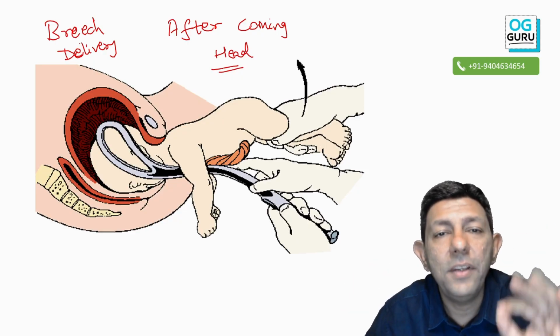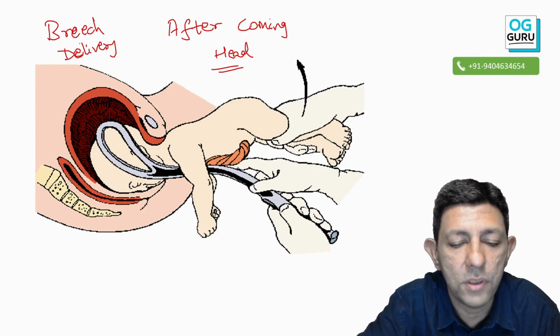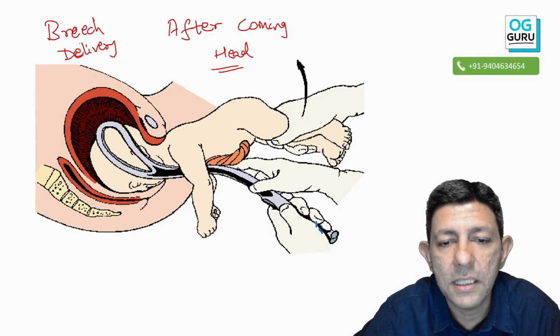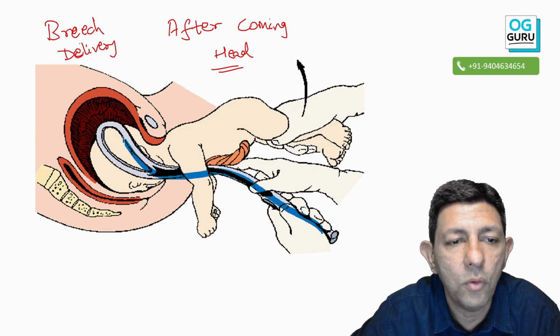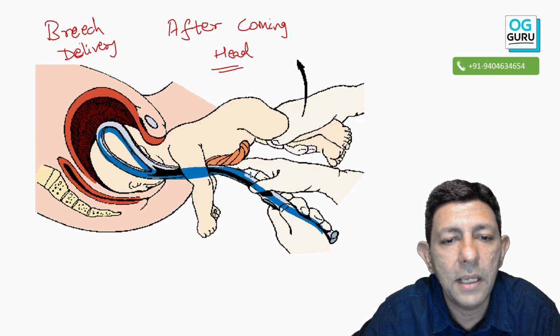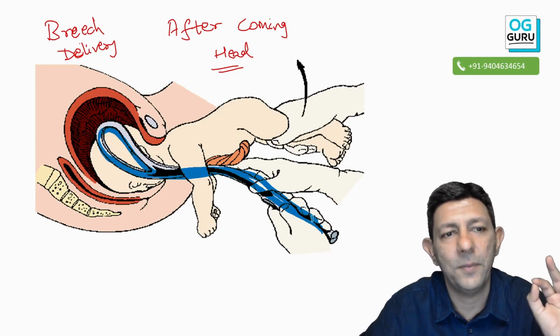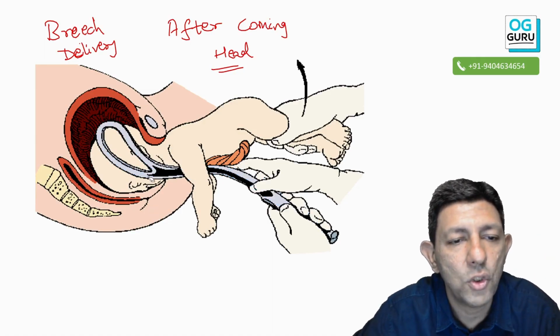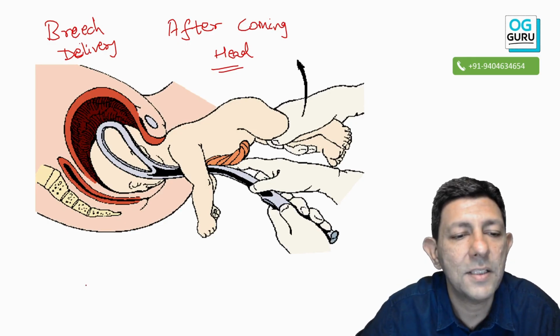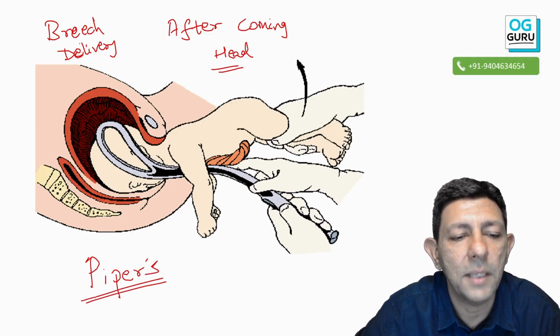Now everybody, can you see these forceps blades? The instrument is applied over here and this forceps blade is there. So this is a special instrument, and this, my dear student, is the Piper's forceps.